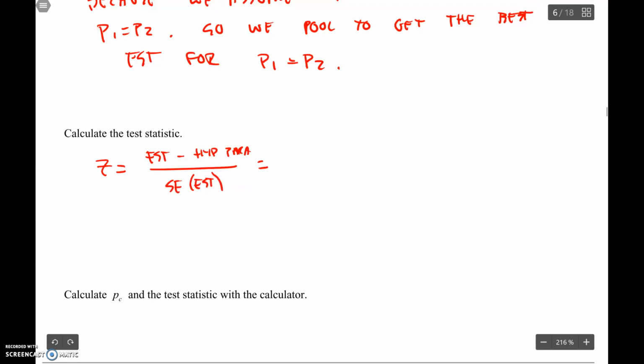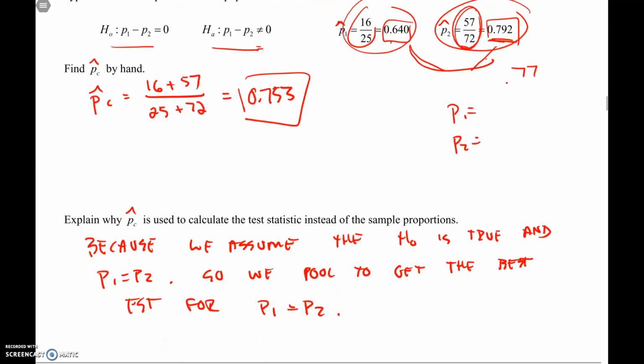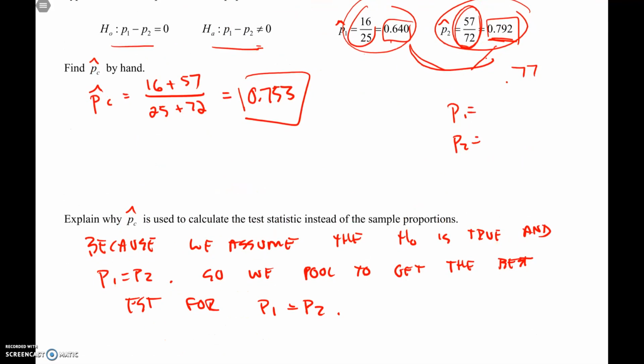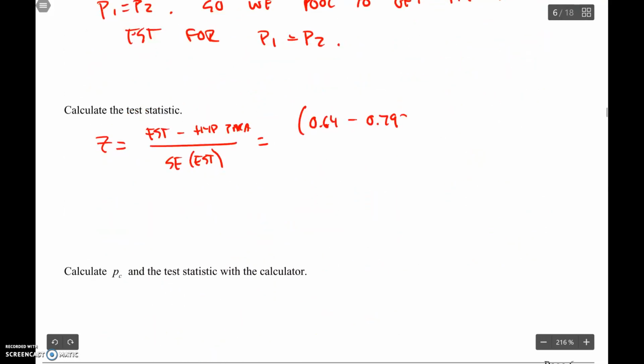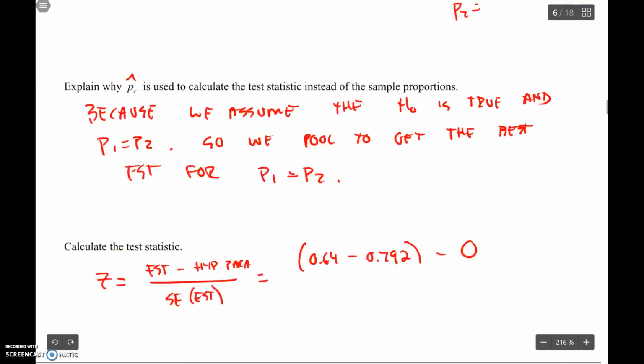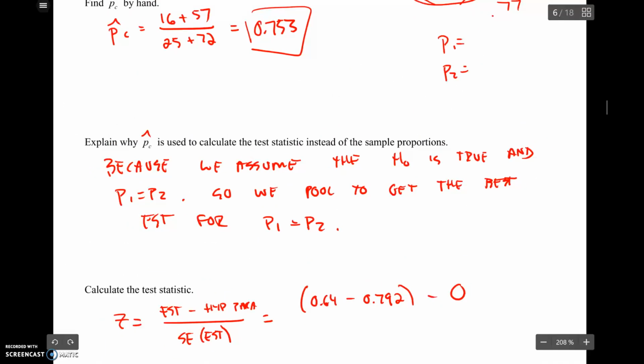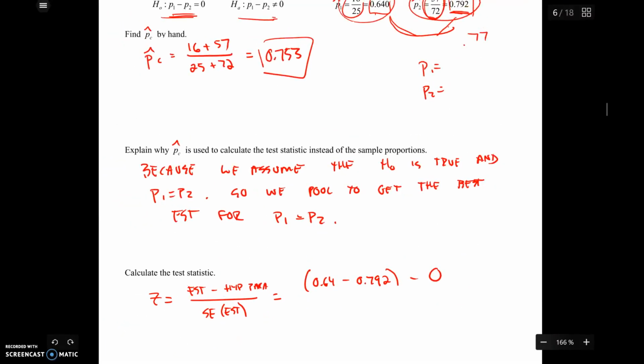So that's going to be, what is this here? We're doing p1 minus p2, so p1 would be 0.64, minus 0.792, minus the hypothesized difference, which is 0.